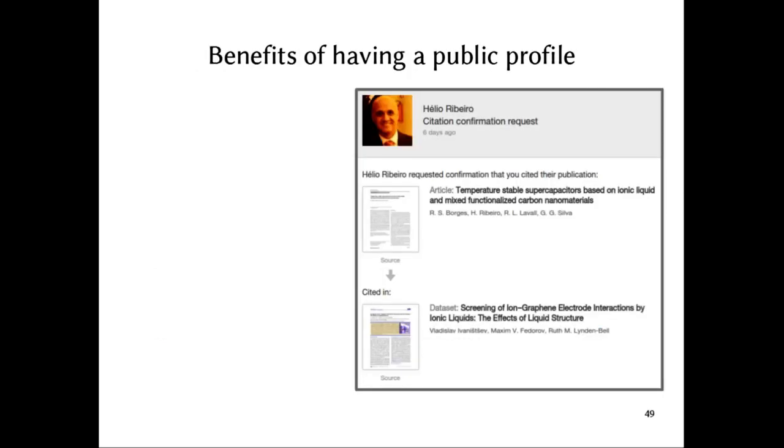And I see some direct benefits from having a public profile. Here is a man, Helio Ribeiro. I haven't asked his permission, but he wrote to me many years ago, asking about my research. You remember, I've told you that a publication, an article, is a way of communication.